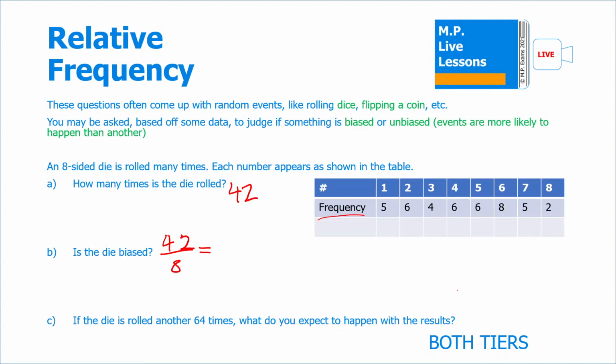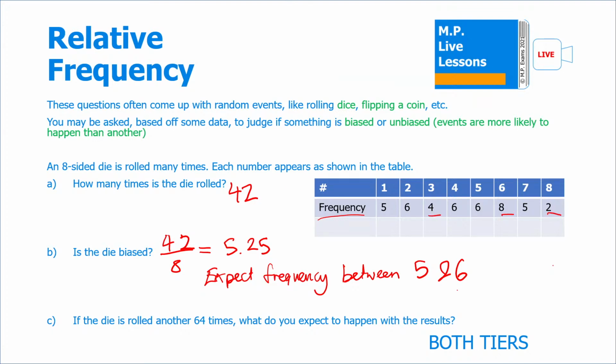So the expected frequency is 5.25, so you'd expect between 5 and 6. However, you have some results that are not in this expected range, like 4, 8, even 2. So this could be a question mark, it could be biased.